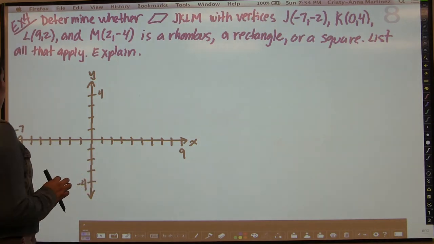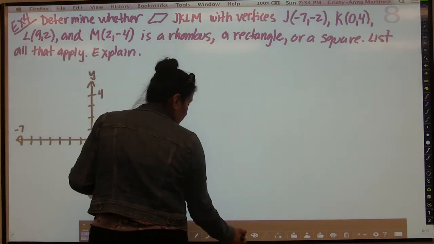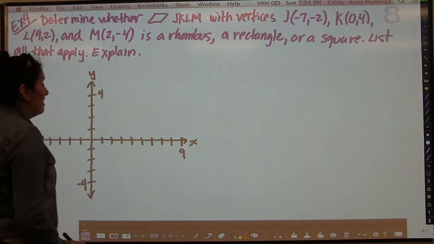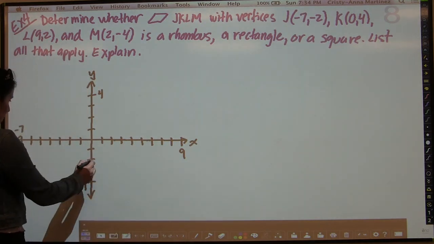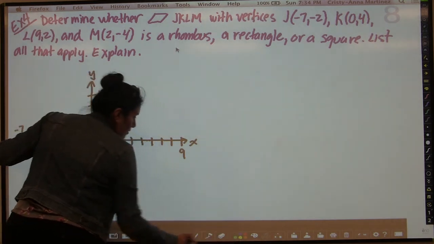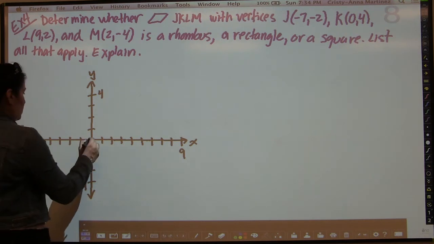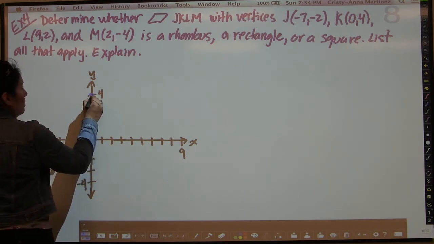So first thing we're going to do is start off by plotting our points. J is -7, -2, so here's -7 and -2 is down here somewhere. Put that little guy there. Then we have 0, 4, so x is 0, y is 4.